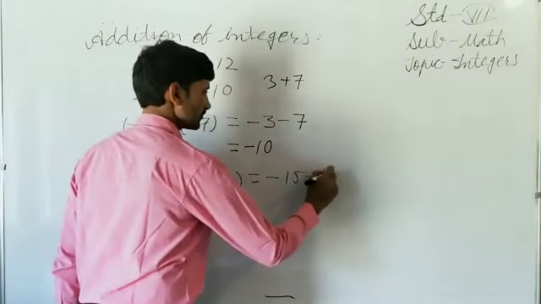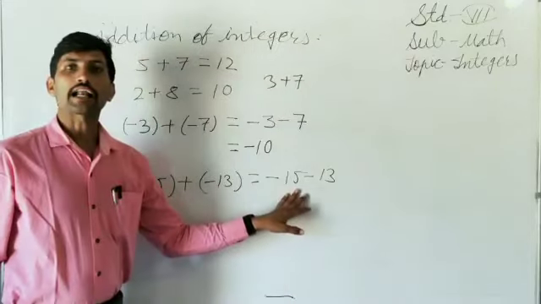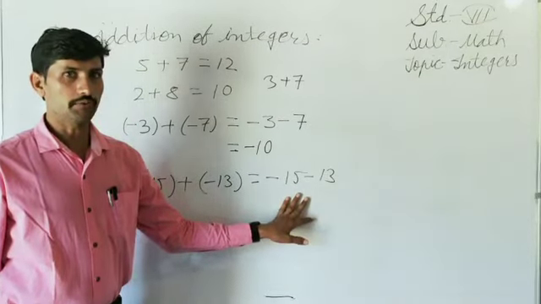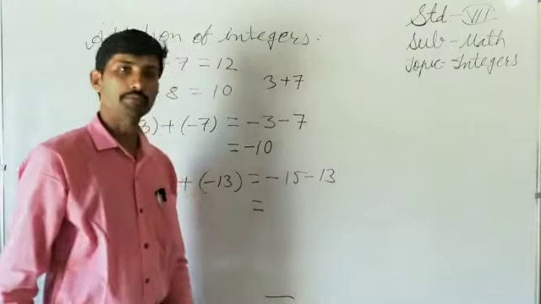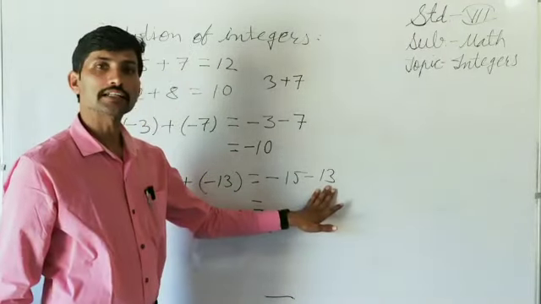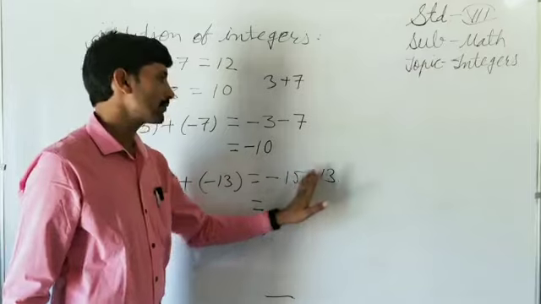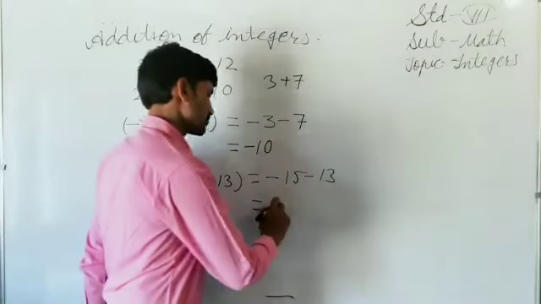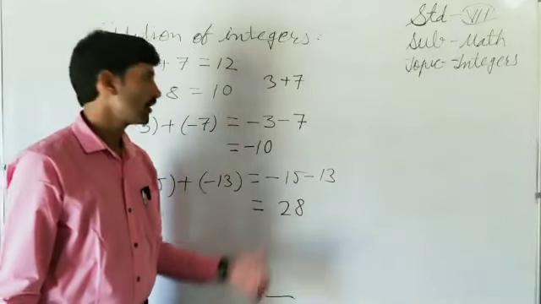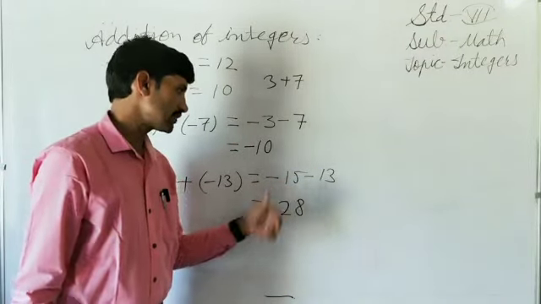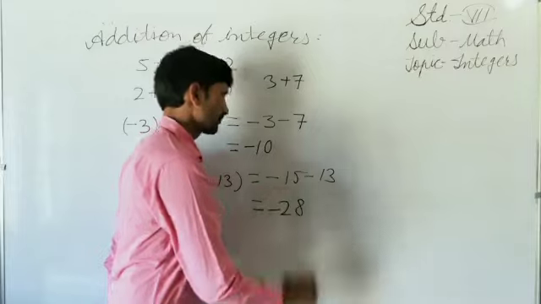Both the integers are having the same sign, so we will add their absolute values. What is the absolute value of minus 15? 15. What is the absolute value of minus 13? 13. If we add 15 and 13, then we will get 28. And what is the sign of both the integers? That is the minus sign. So the sign will be the same.